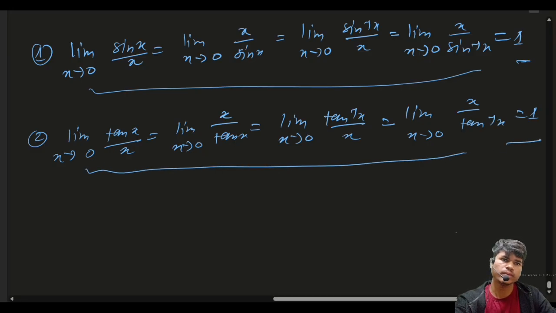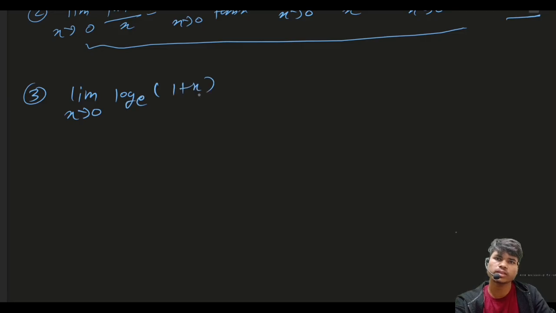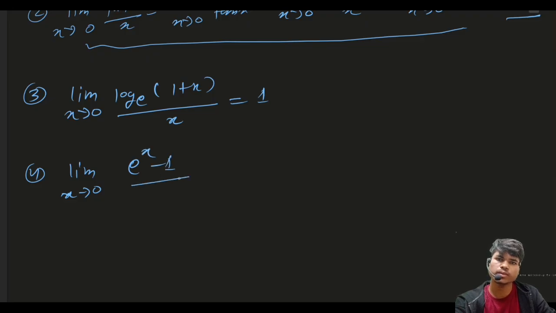All these limit values will be equal to 1. Third, limit x tends to 0 log 1 plus x divided by x equals 1. Fourth, limit x tends to 0 e to the power x minus 1 divided by x equals 1.